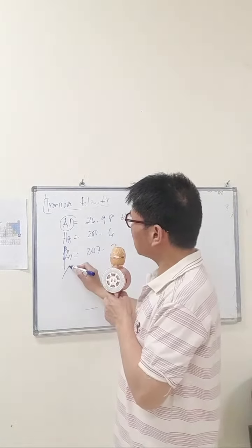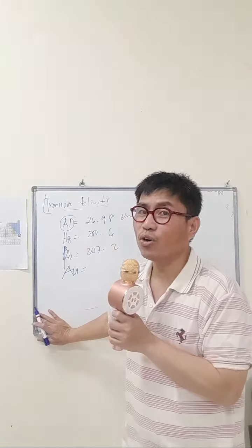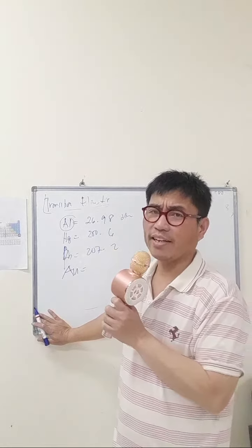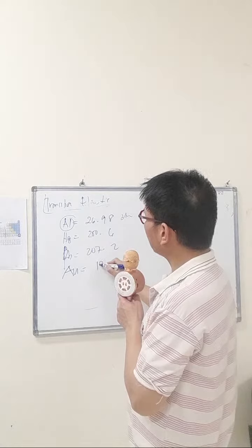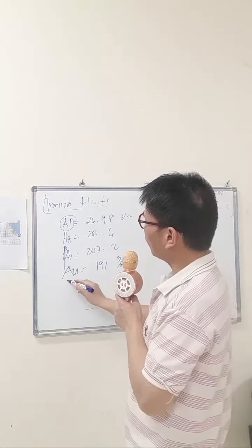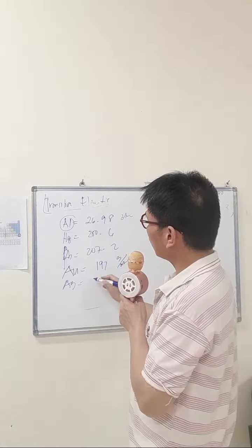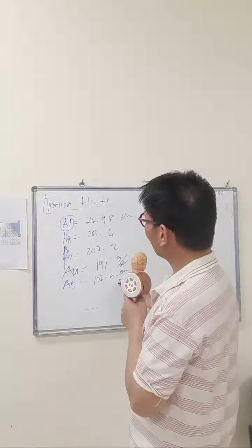The symbol of gold is Au, stands for aurium and auric. So that is 197 gram atom. And we have also the silver, Ag, or 107.9 gram atom.